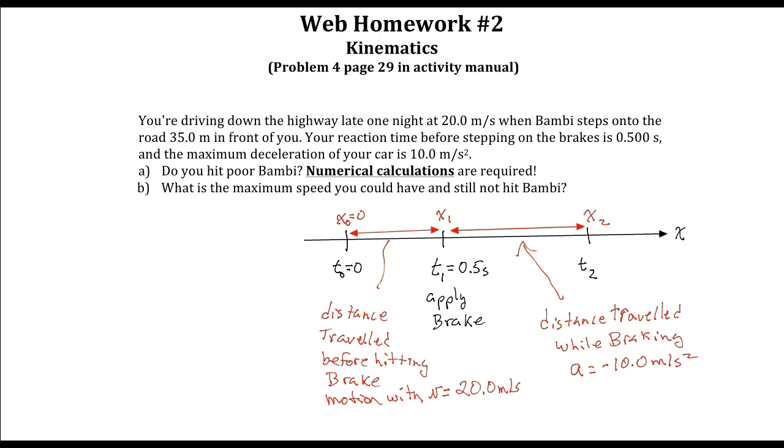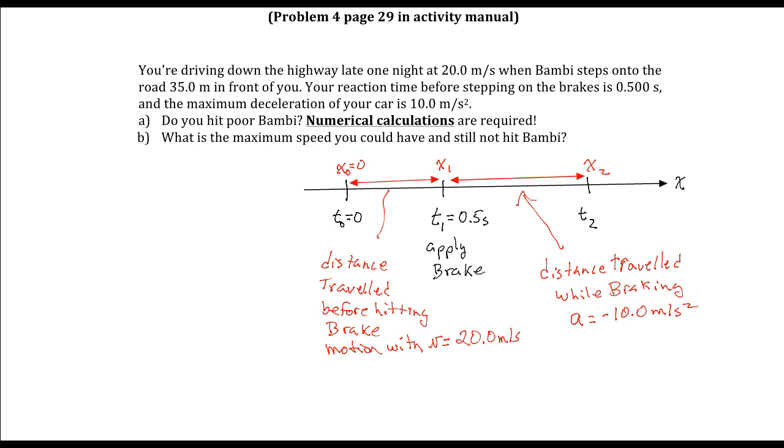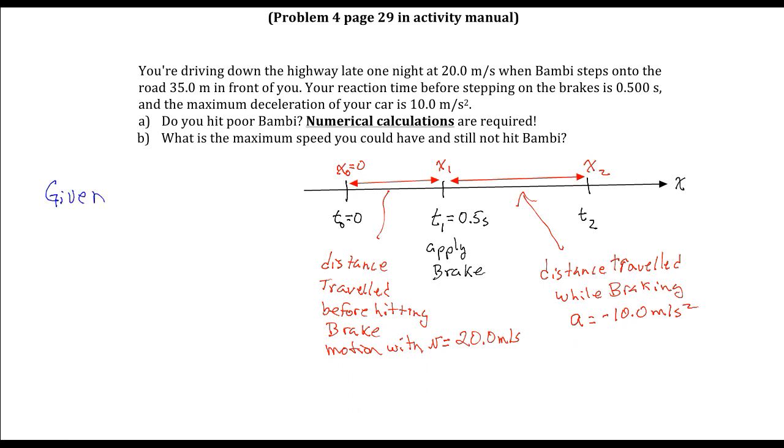Okay, so let's write down a list of everything we know. What we're given is acceleration when we're hitting the brake, so that's our negative 10.0 meters per second squared. We also know t1, the moment we hit the brake, is 0.500 seconds.